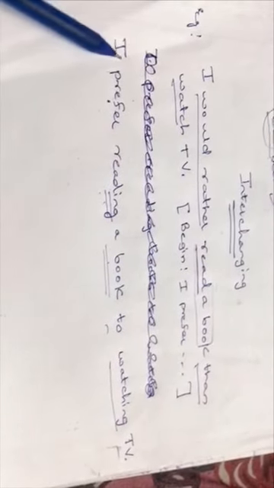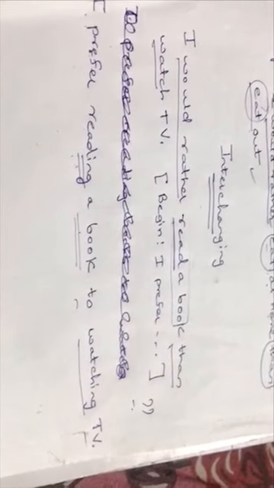Same if you do with the question I would rather read a book, you will start with I prefer to read a book, but after that what you are going to do, you will be stuck somewhere. Definitely you will be stuck somewhere. I prefer to read a book to watch TV sounds absolutely wrong. It's abrupt. So when you are using I prefer reading a book to watching TV, sentence is easy to frame and it's sounding absolutely correct too.